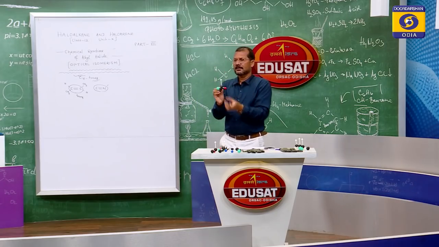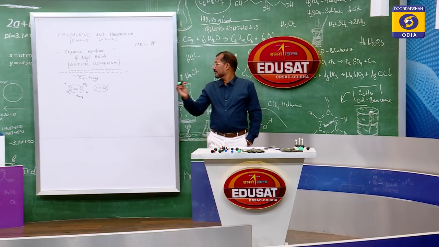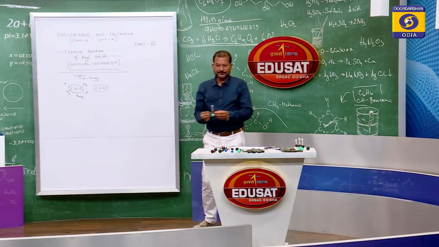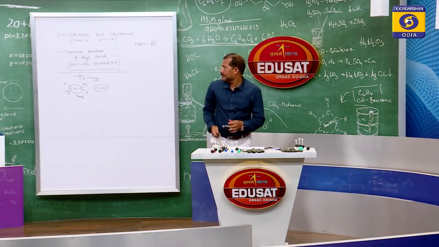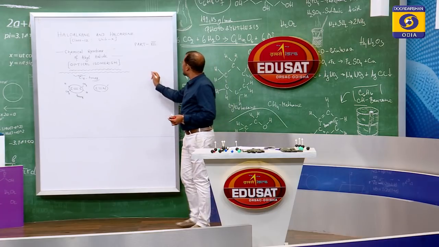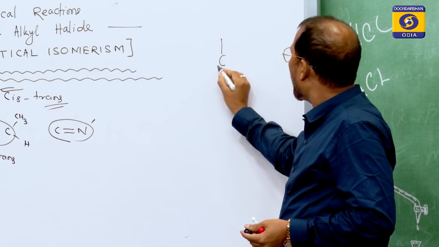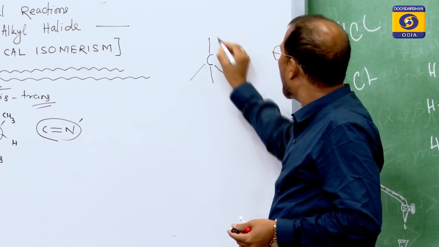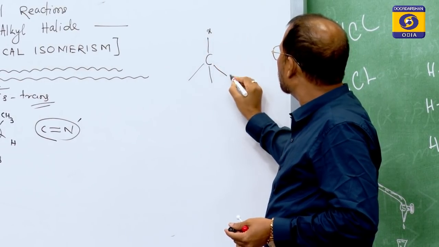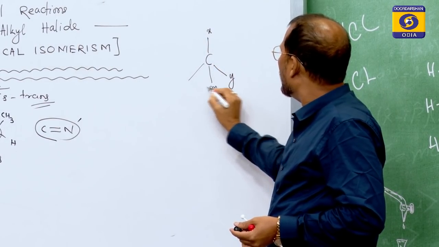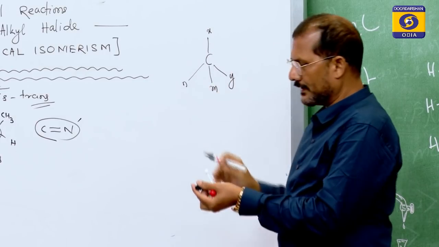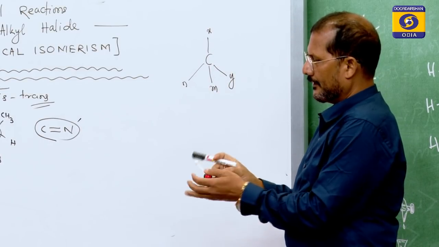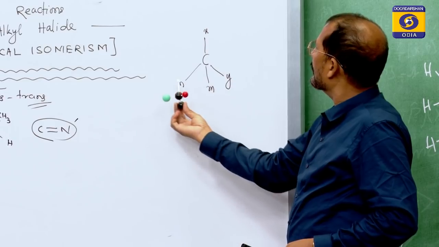We should realize this molecule is something like this. Suppose here is X, here is Y, here is M and here is N. There are 4 different groups.